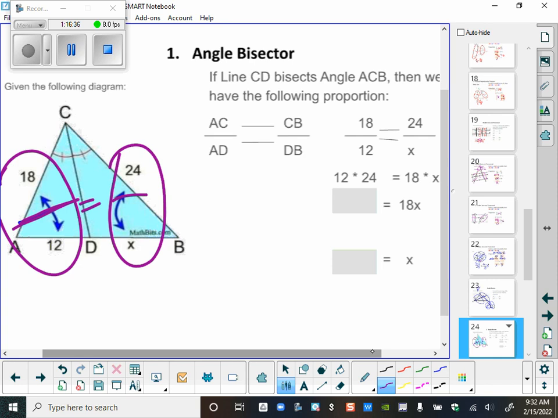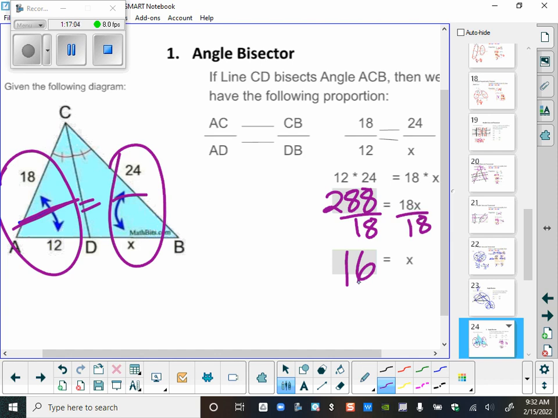There's your first ratio, there's your second. Solve it. So really quick, 12 times 24, we can give it 12 times 24. Not done yet. And then what's 288 divided by 18? Thank you, Andrew.